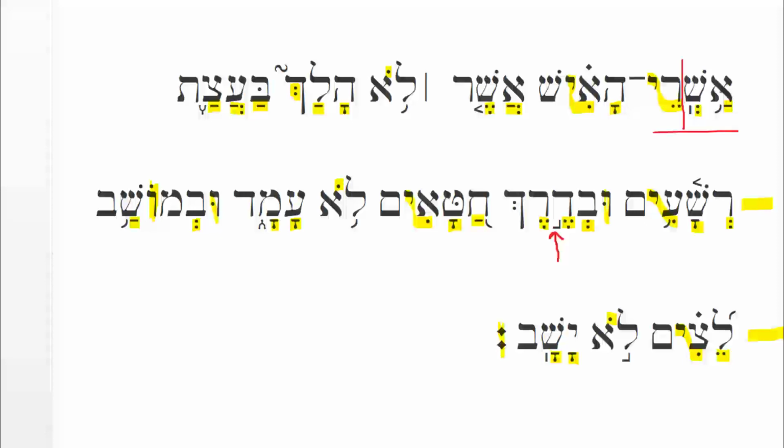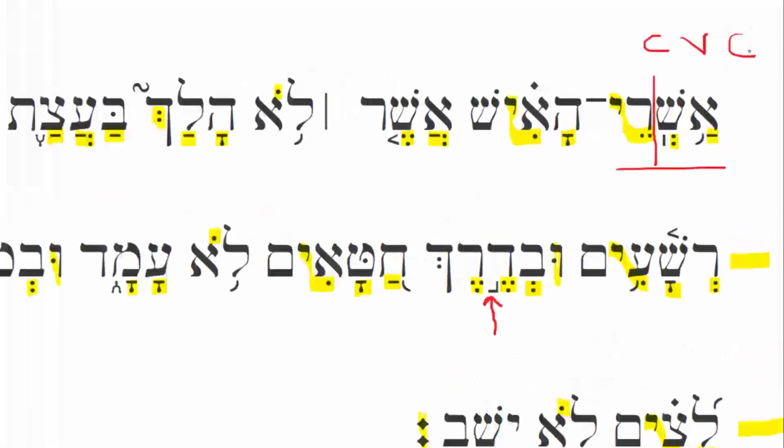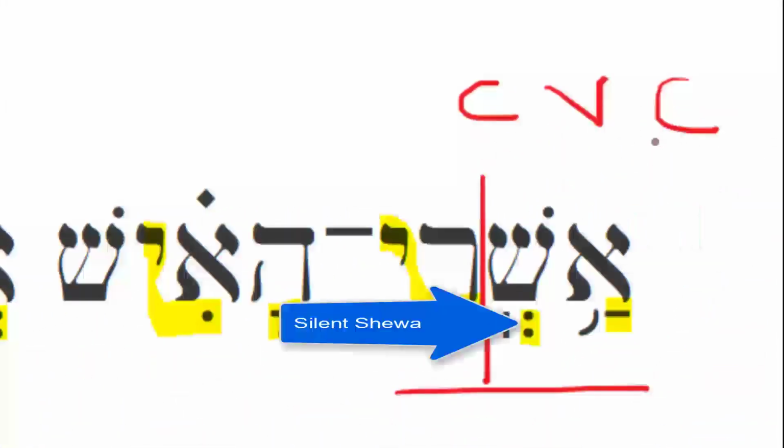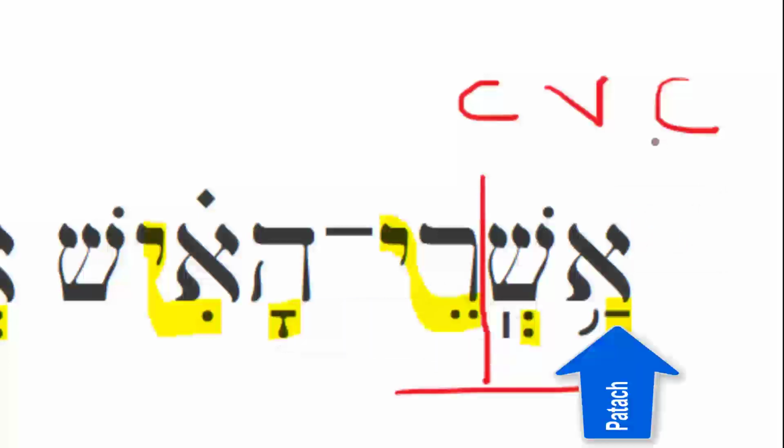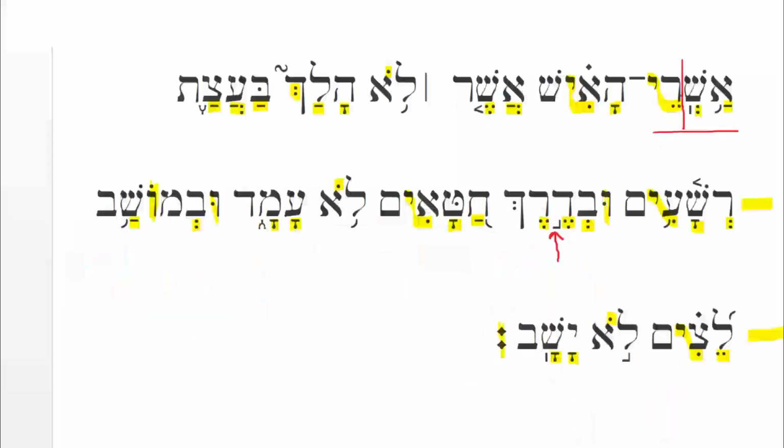So that sheen closes off this closed syllable, which is consonant, vowel, consonant. That's a closed syllable. We know it is a silent schwa because it comes after a short vowel, which is a patach. Then our next syllable is this resh with the tsere. That comes at the end of the word, so we don't need to divide there.